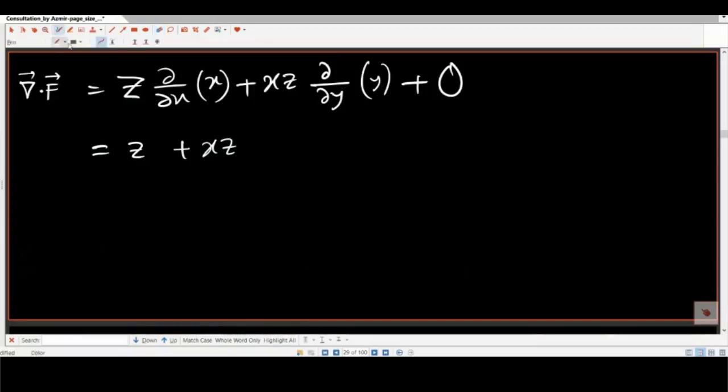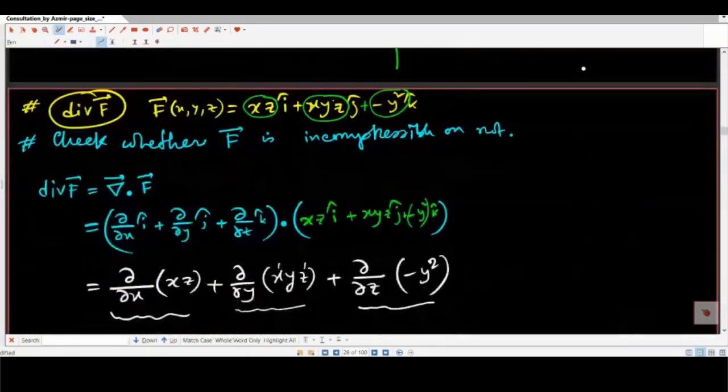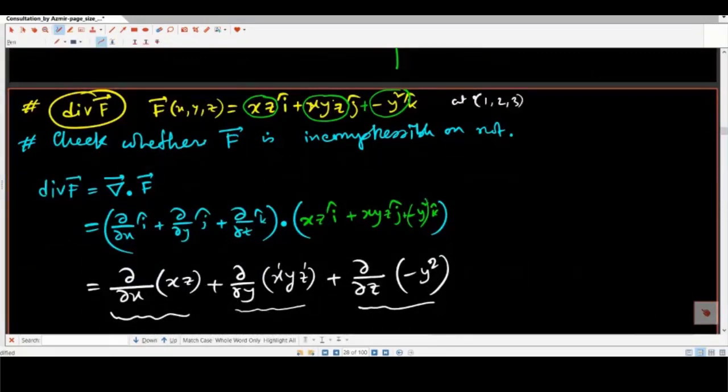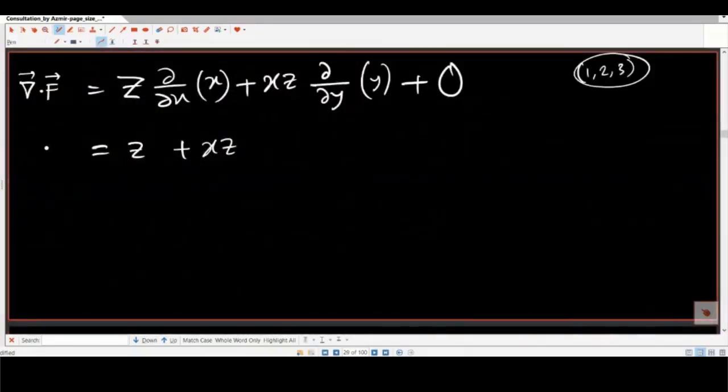So suppose we want to find the divergence at the point 1, 2, 3. How can we find it? This is very easy. Divergence of f is also a function of x, y, and z.